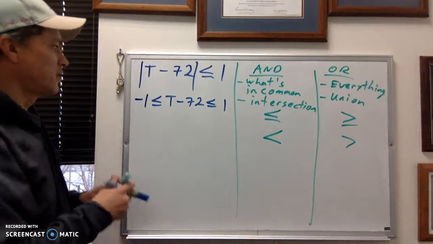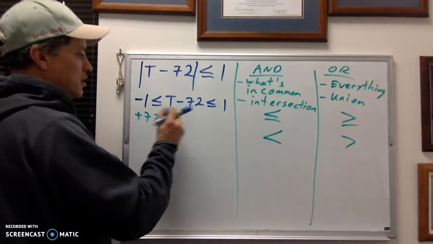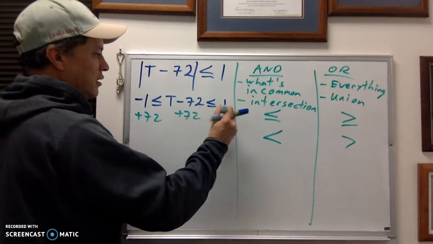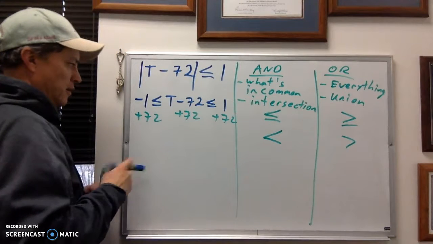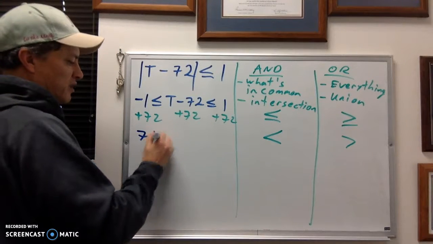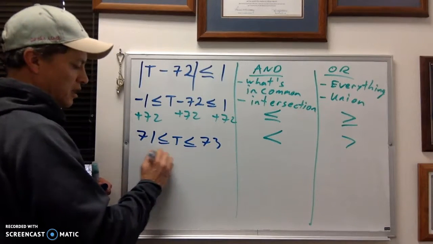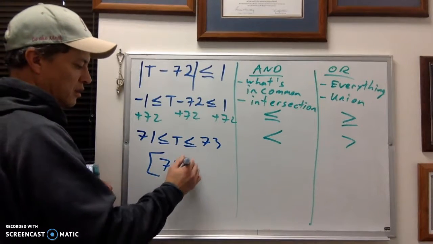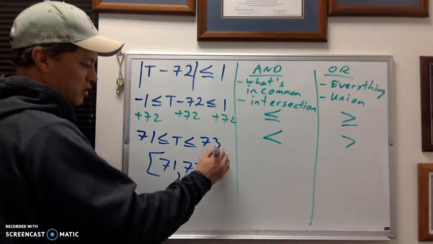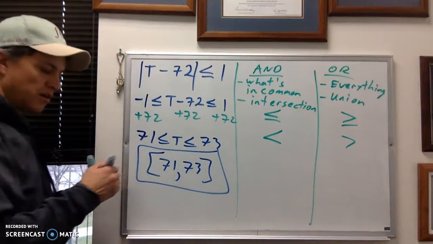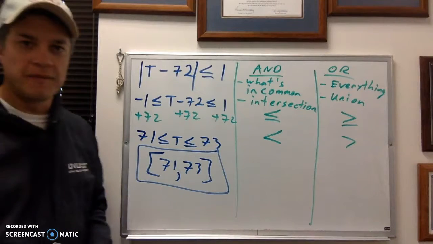Okay, we'll go ahead and solve this thing. We'll add a 72 to 3 locations here. We'll have 71, so less than or equal to t, less than or equal to 73. Interval notation, there you go. So it's the values between 71 and 73.